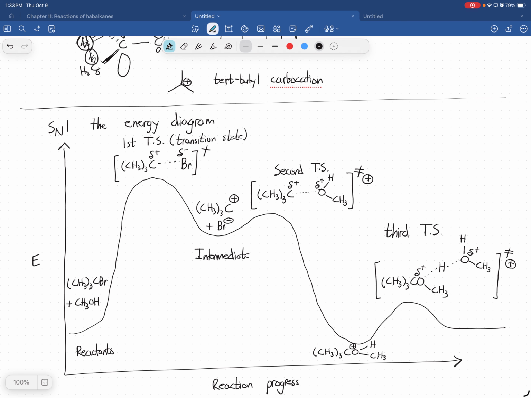Okay, and then we get to the end. Our products are right here. So here's our products. The main product is CH3COCH3.